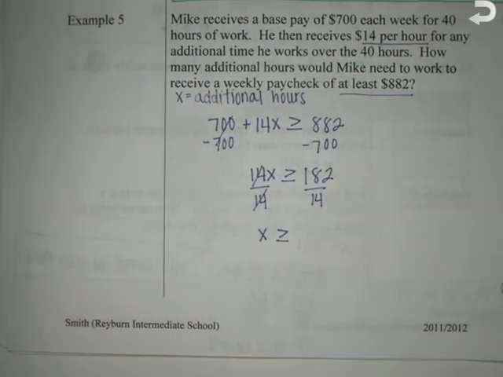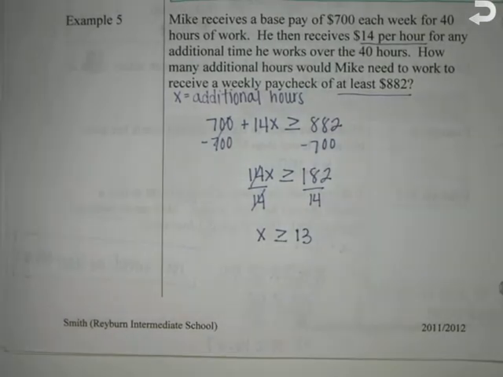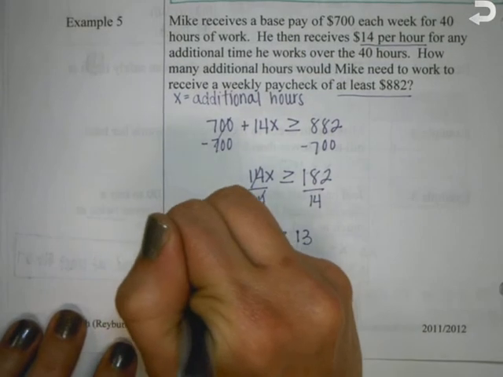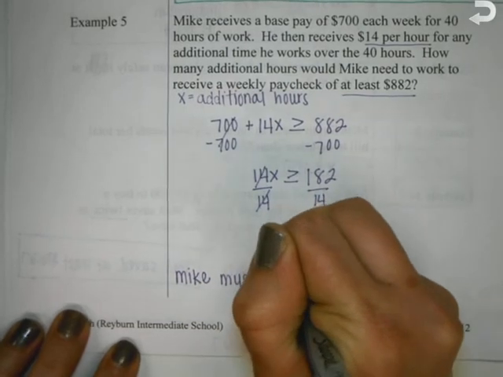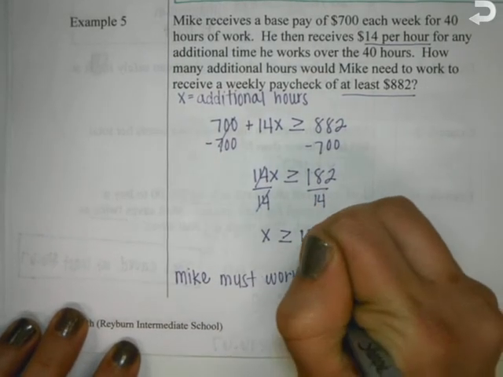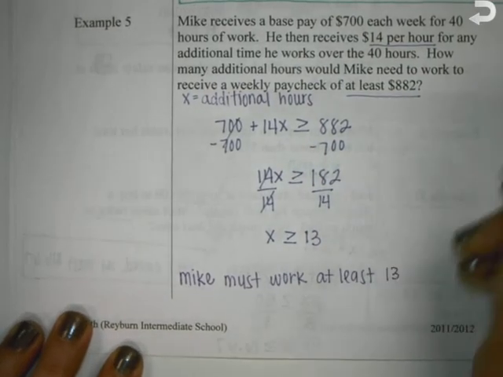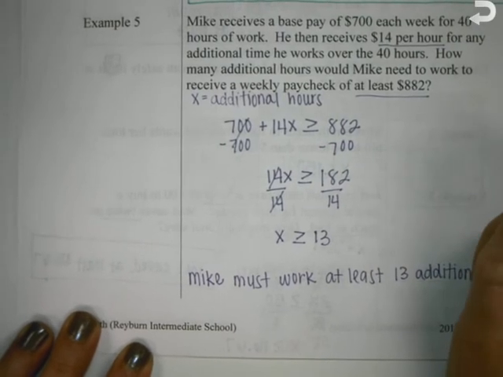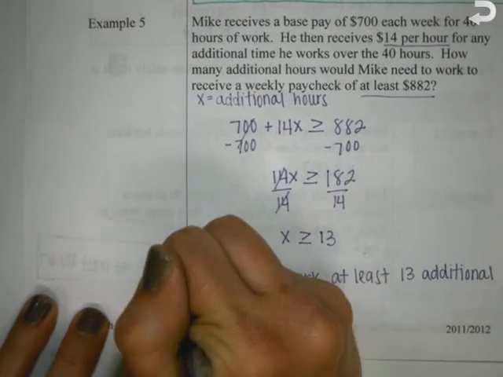Okay, write it in a complete sentence. Mike must work at least 13 additional hours. Okay.